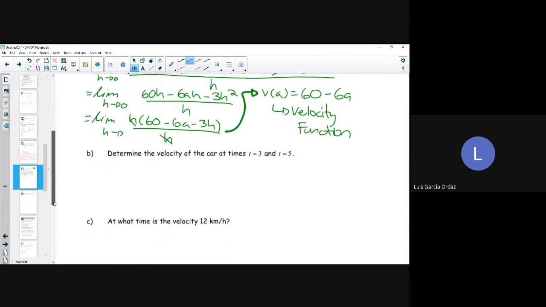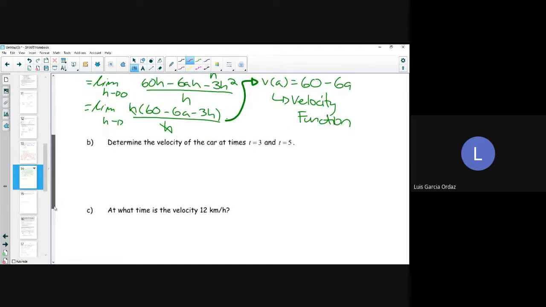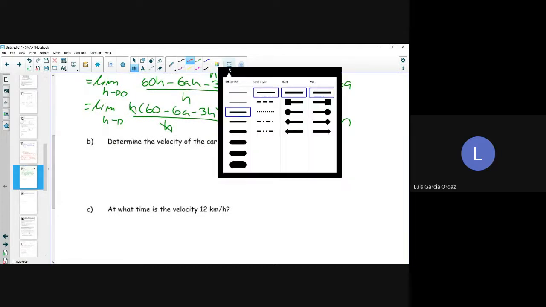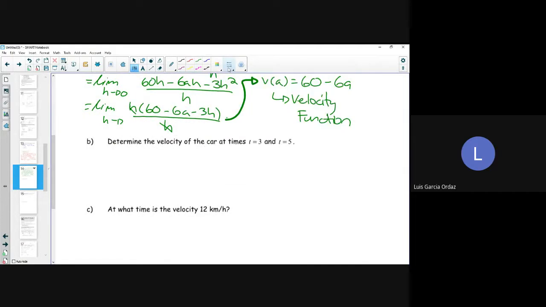I'm going to put it right here for those who didn't get to copy it down yet. So now determine the velocity of the car at the times t is equal to 3 and t is equal to 5. So what are we going to do to figure out the instantaneous velocity at 3 and at 5? What are we going to do?